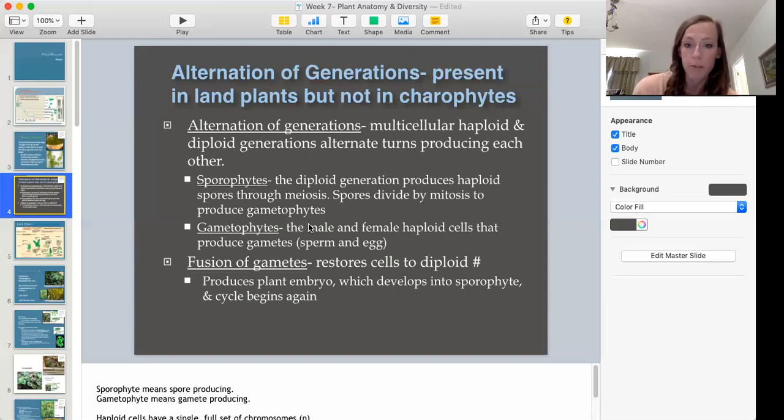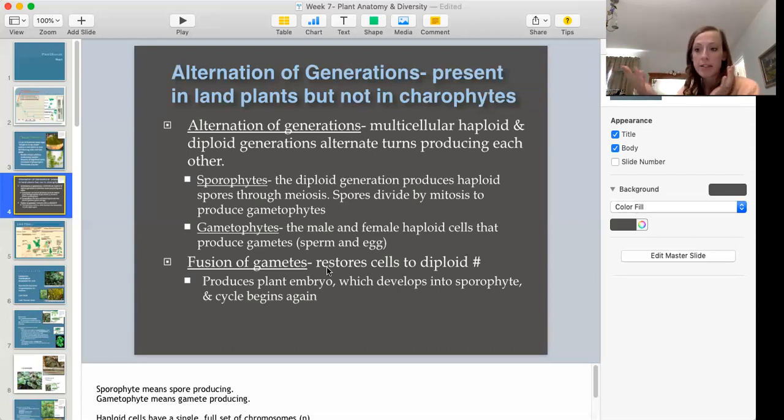And as you probably are familiar already, gametes are sperm and egg. And so the male gametophyte will produce the sperm and the female gametophyte will produce the egg. And of course, these are both haploid, the sperm and the egg. And that will then, at the fusion of sperm and egg, restore the diploid number. So now we've got fusion of the gametes, sperm and egg meet, you've got a zygote, which develops into an embryo.